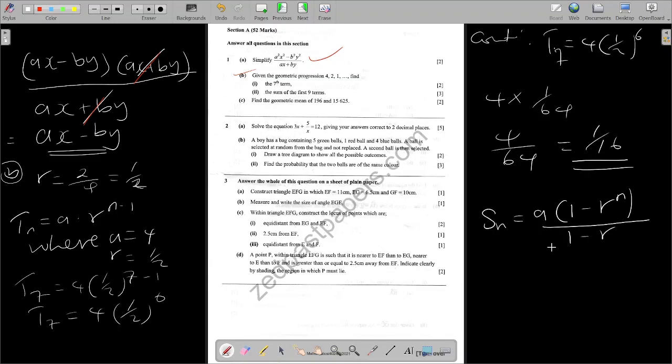So now let's substitute: a is equal to 4, r is equal to 1 over 2 and n is equal to 9, since this is the sum of the first 9 terms.